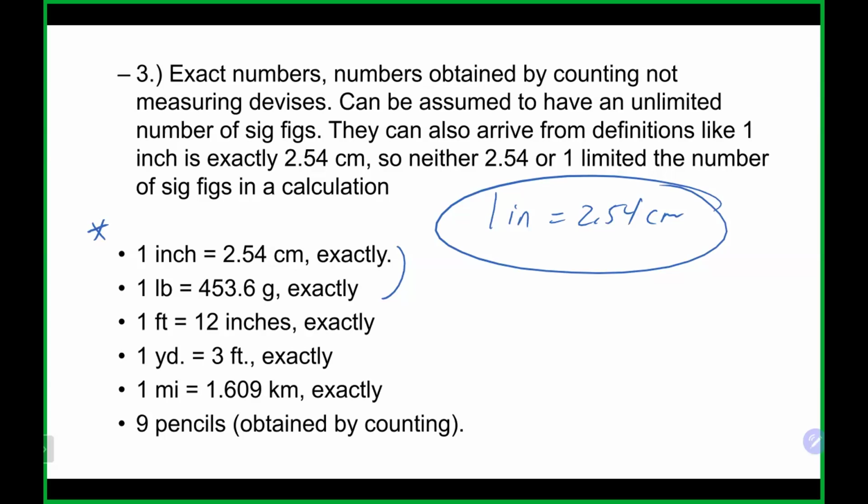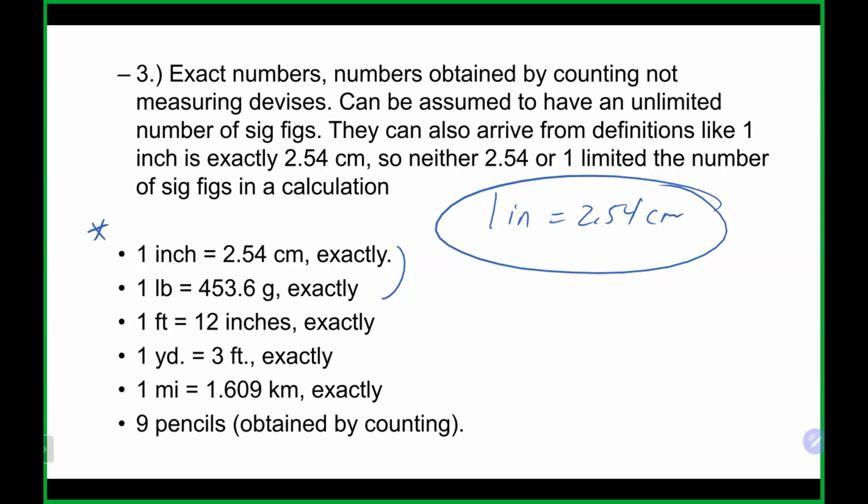So what definitions are considered exact numbers? If you remember, we had English and metric conversions. If you have an English to English conversion, like feet to inches, that's considered exact. So any kind of English conversion is considered an exact conversion. Any metric to metric conversion is also considered exact, like we saw earlier, right? 100 centimeters is 1 meter, so that is going to be an exact number.